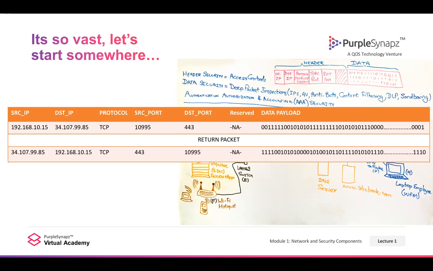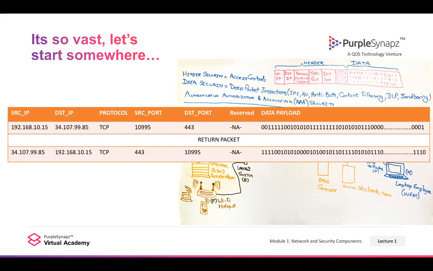It is sourced from a source port, some number like 10995, and the destination is going to SSL because it's an HTTPS packet, so it has to go to port number 443. All of you who are not aware of what a port is, please do a Google search to find out after this session.